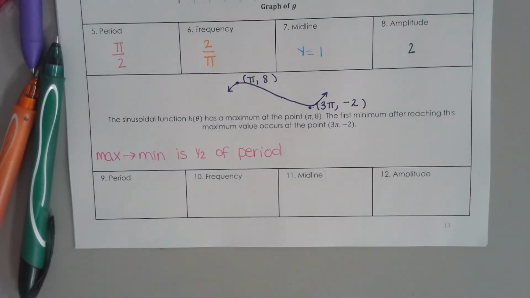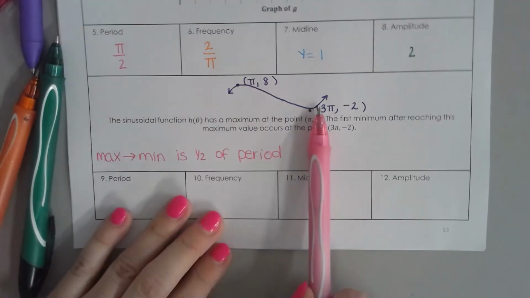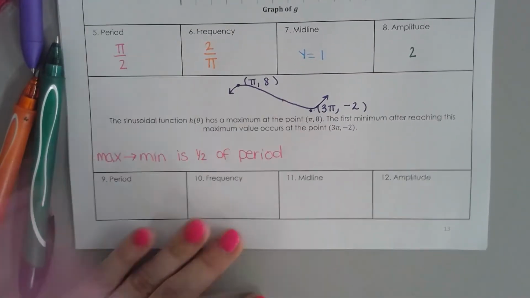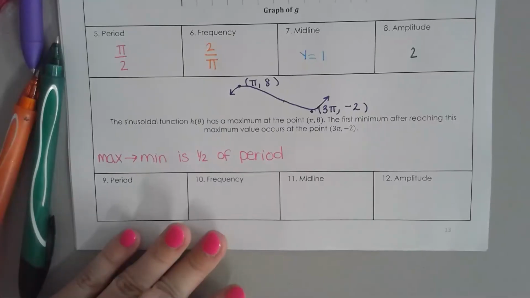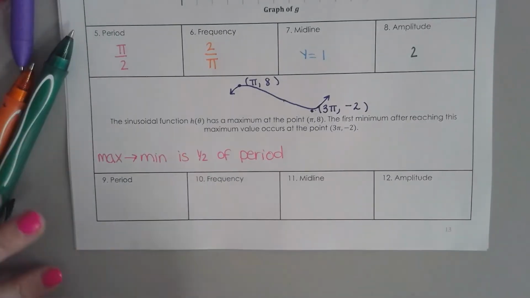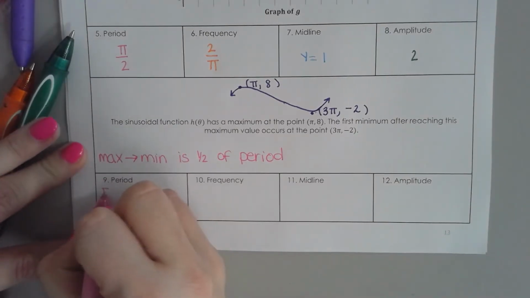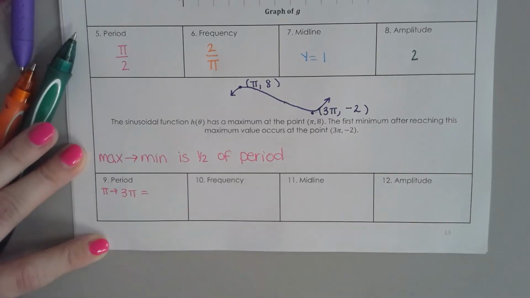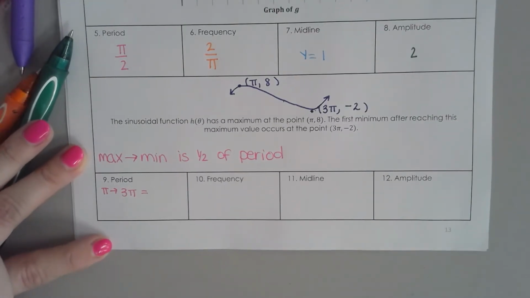So if I'm going from pi to 3 pi, I've only traveled half of my period. Well, what is it from pi to 3 pi? How many pi's have I traveled? 2 pi.